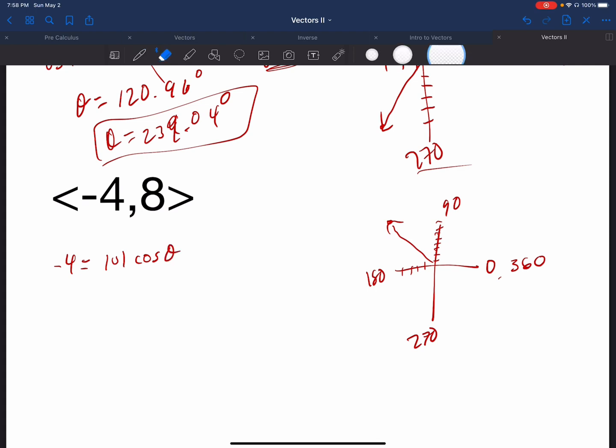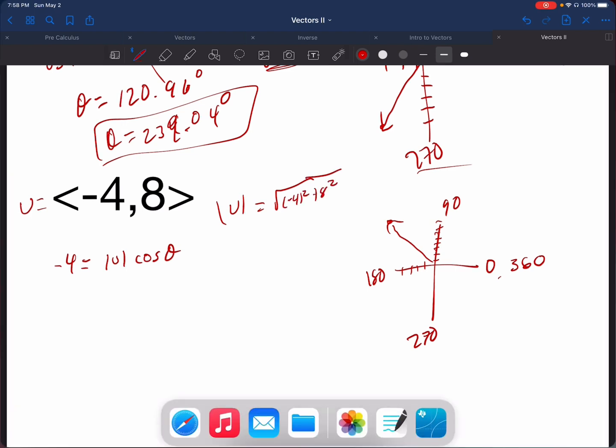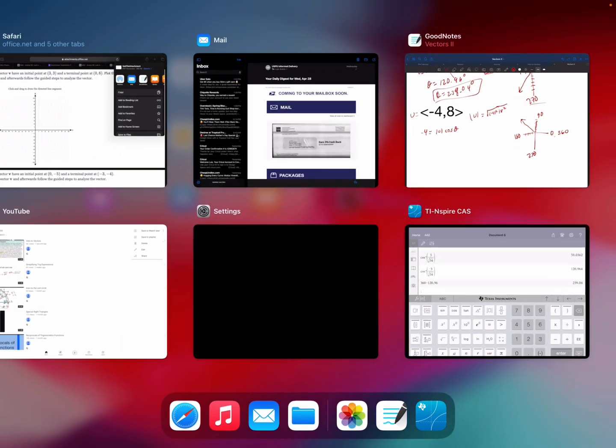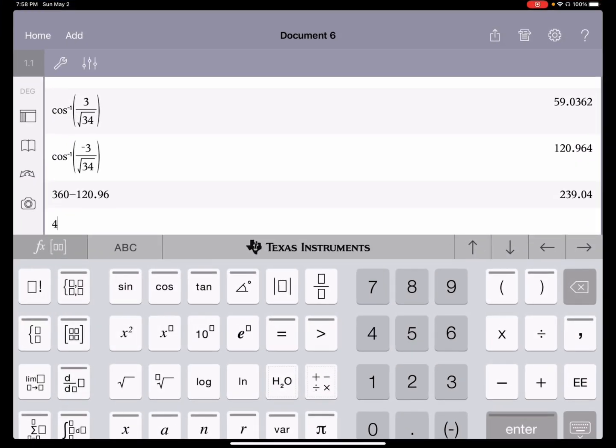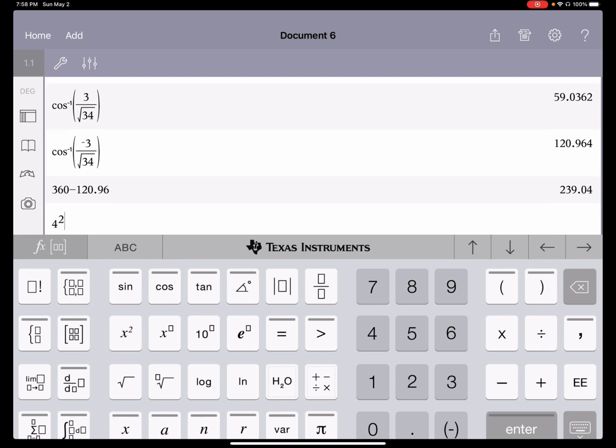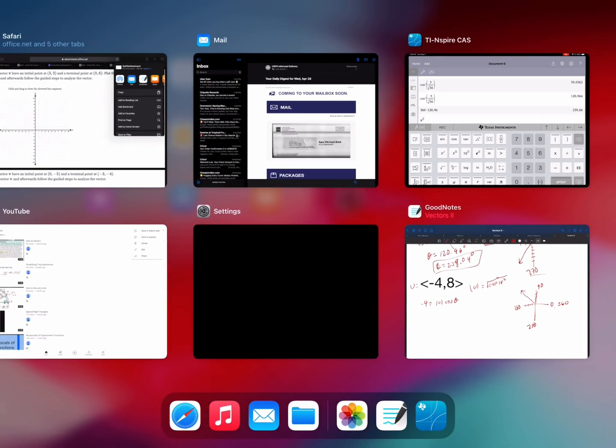So again, I'm going to find the magnitude of this vector. So that will be the square root of negative 4 quantity squared plus 8 squared. And then I'm just going to do it on my calculator. 4 squared. Again, the negative is going to disappear after I plug it in.